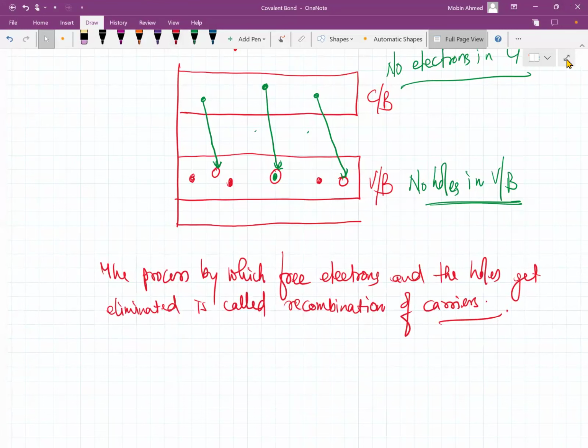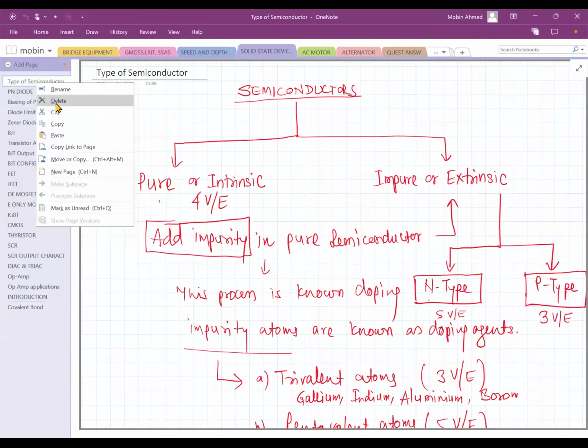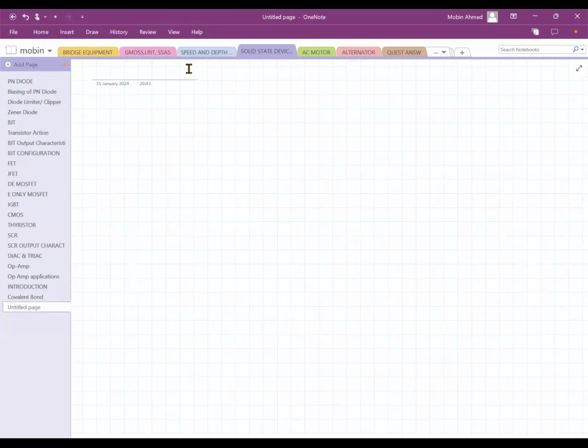So that's it for the introduction part. Let's see the types of semiconductor today.